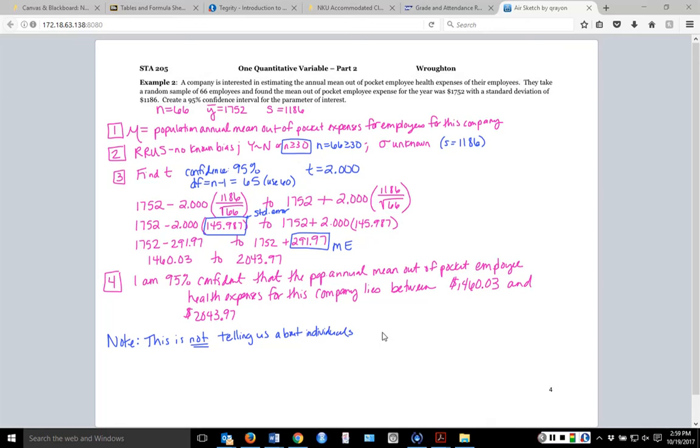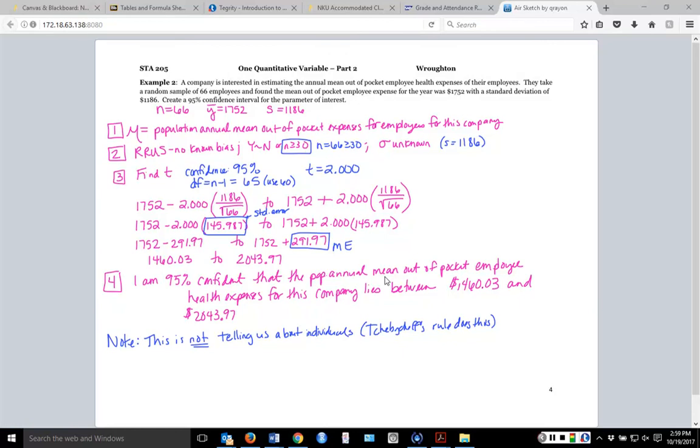This is not what I look at. Chebyshev's rule does this. Alright, that's looking at an individual. This is on the mean.